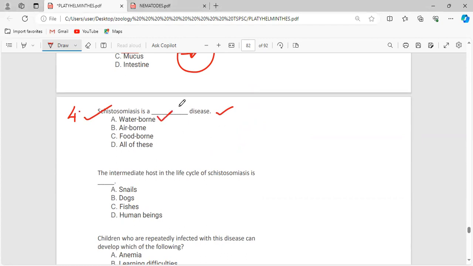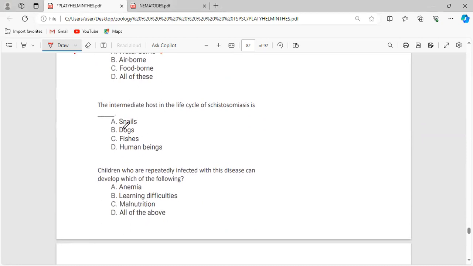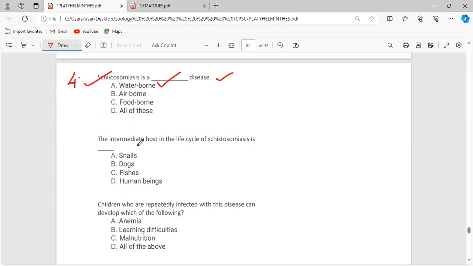Very good, it is a waterborne disease, because through infected water this parasite is transferred to humans as well as the secondary host. And the intermediate host in the life cycle of schistosomiasis is the snail. Good.